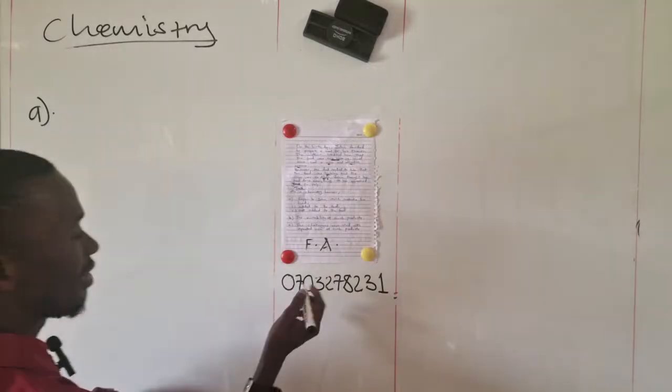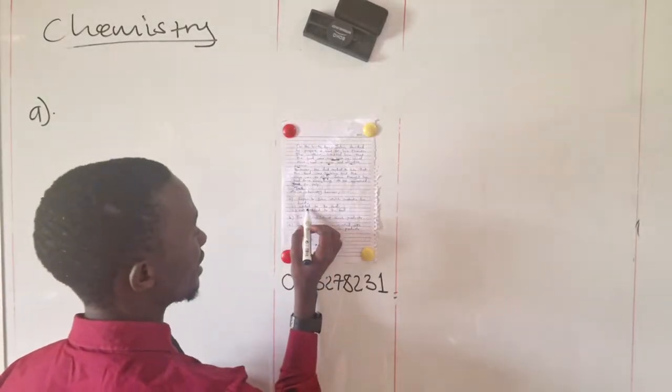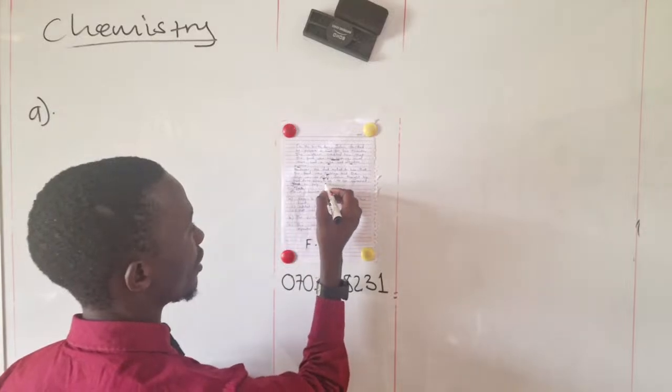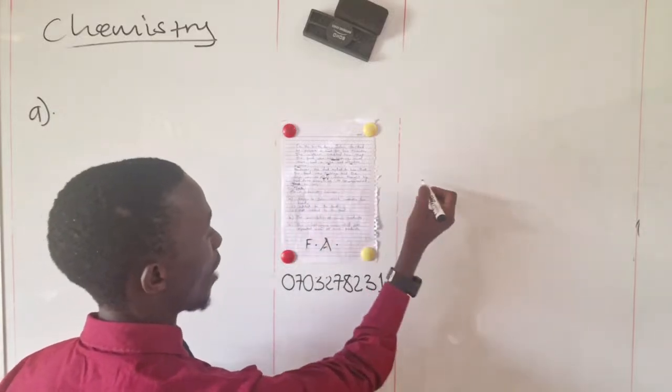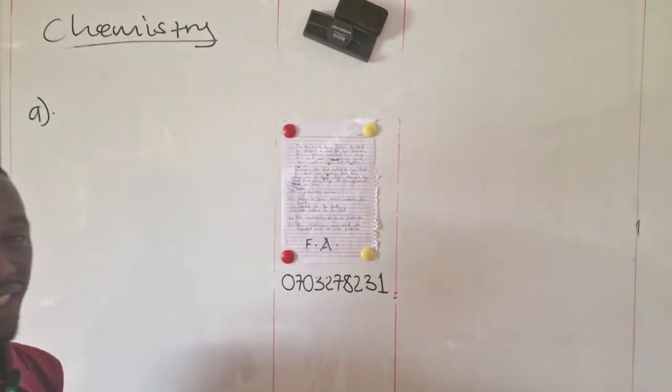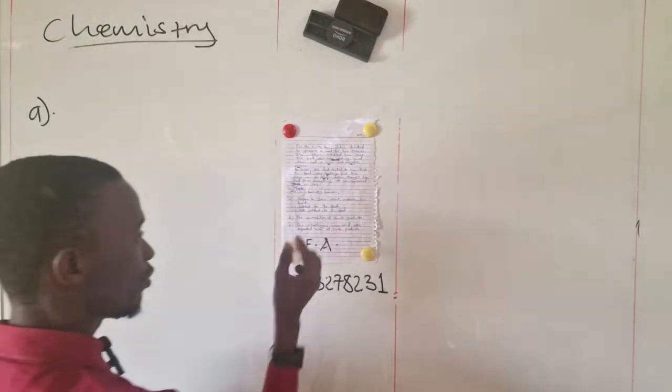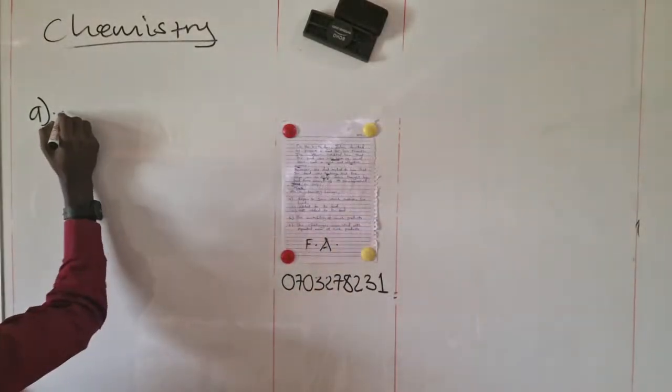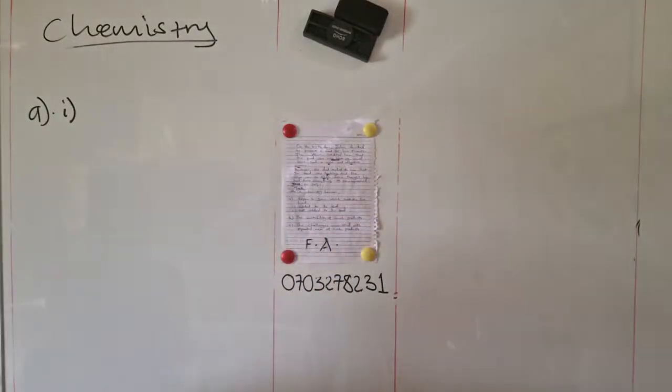So part A, the examiner is stating that John has approached you as someone with knowledge of chemistry about this topic. Can you help John to know which products he added to the food?